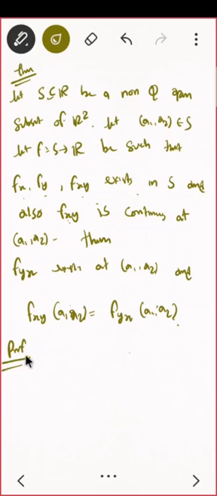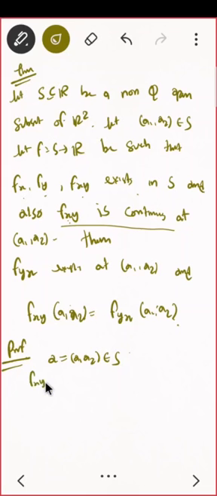Suppose I am having a point (E1, E2) belonging to S. What is given to me is that fxy is continuous, so I'll be using this.